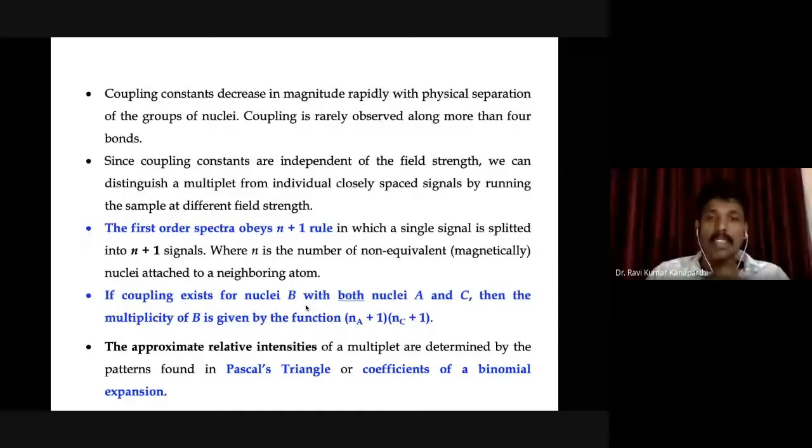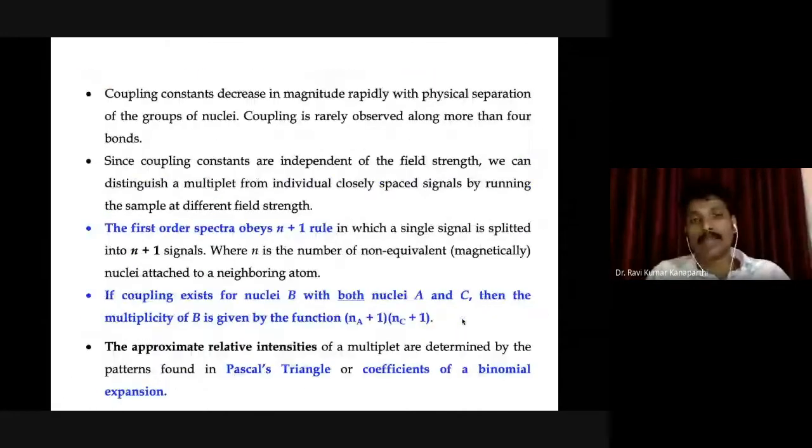Then the multiplicity will follow the rule Na plus 1 multiplied by Nc plus 1. This is the multiplicity rule that it will follow.